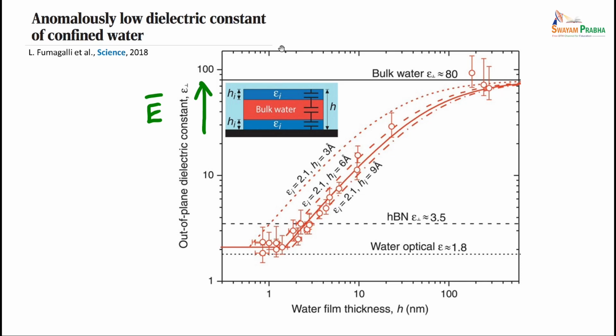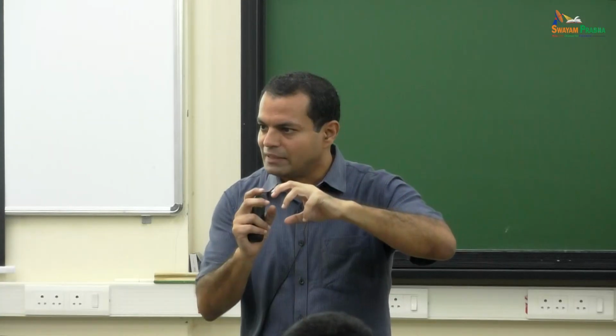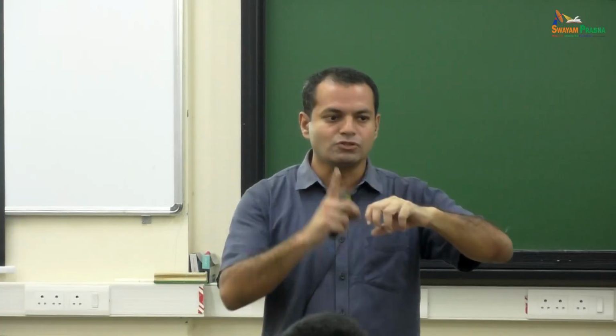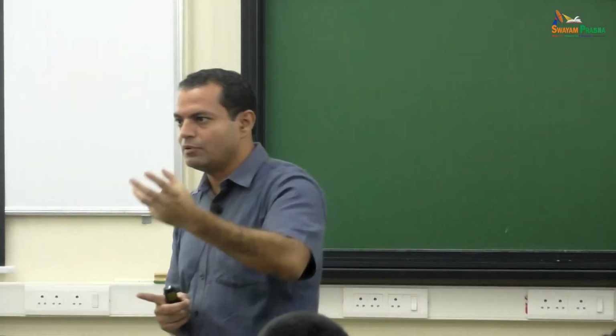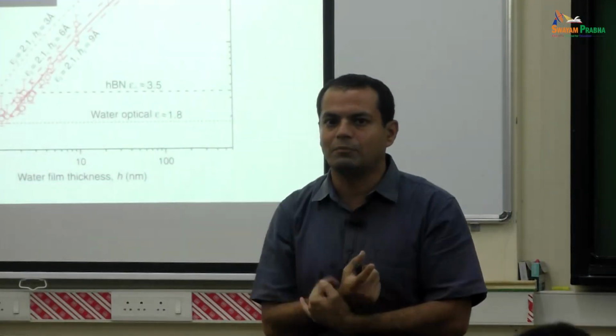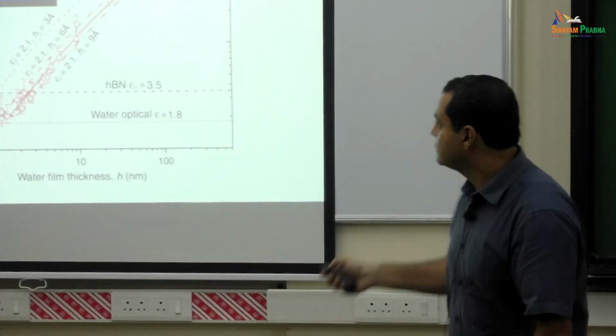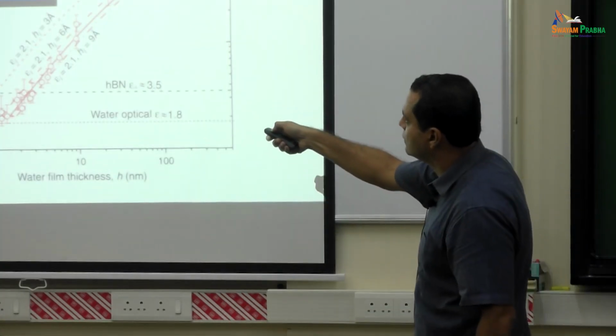Could you guess? Why doesn't it go to the value of 1, which is there for air or vacuum? It's because there's still an electron cloud that can be displaced. There can be induced polarization. The dipoles can be induced by pulling the electron cloud. As long as water is there, the electron cloud can be displaced. But now the dipoles don't rotate. Imagine a water molecule sitting here.